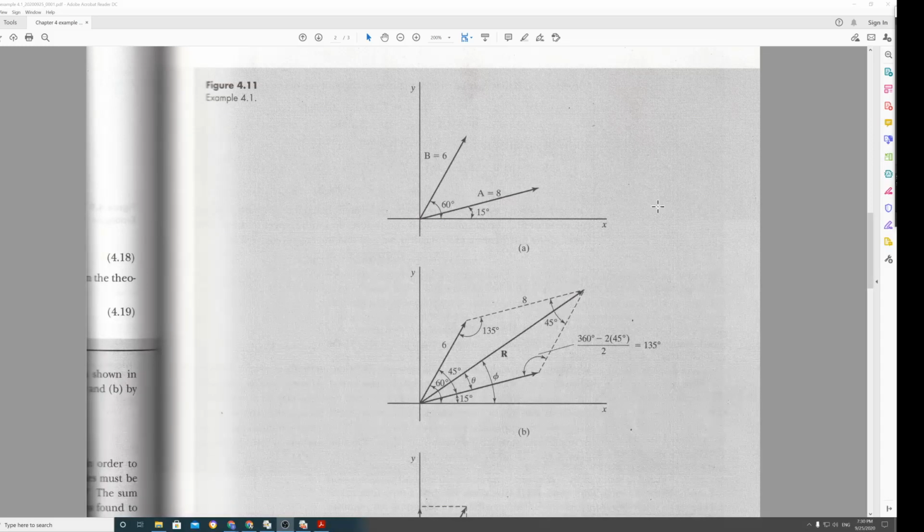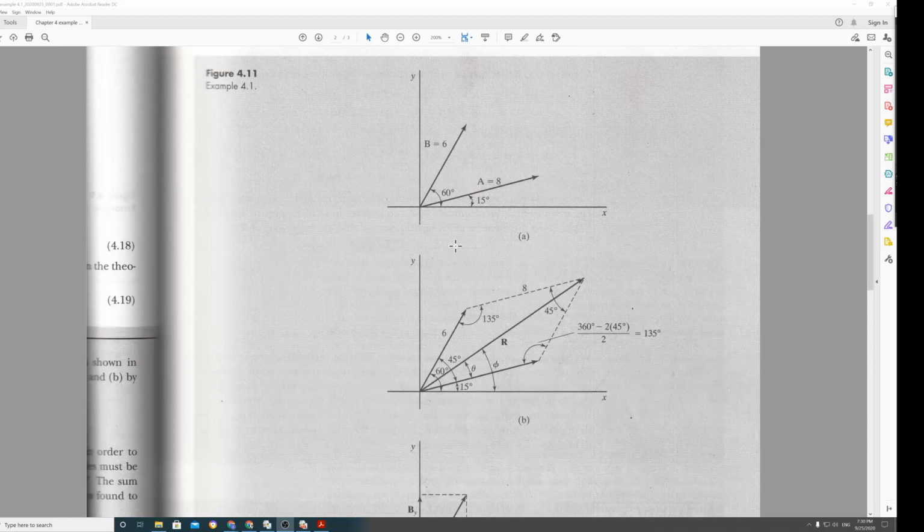So that's the first part: you're creating this parallelogram. And our goal is to find this resultant, which is the point at which this side and this side meet in the corner here.